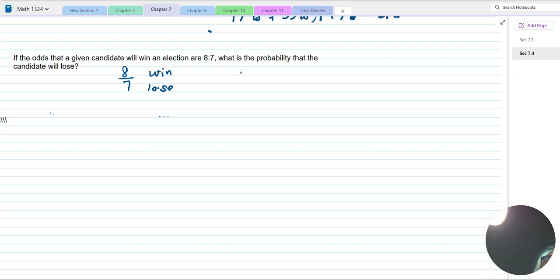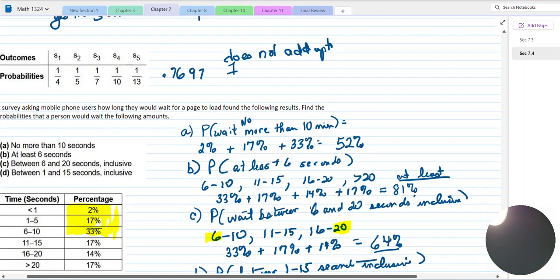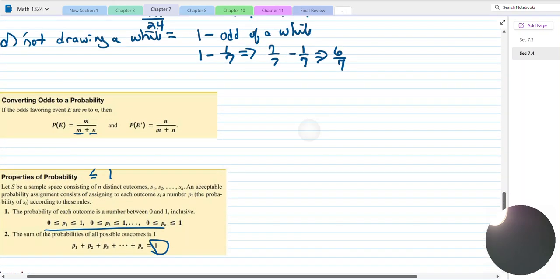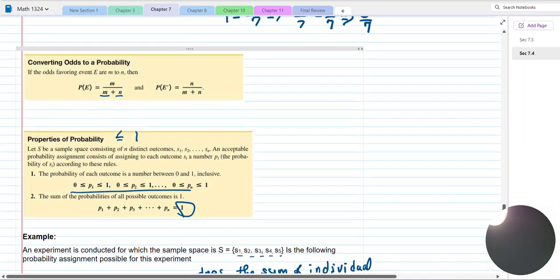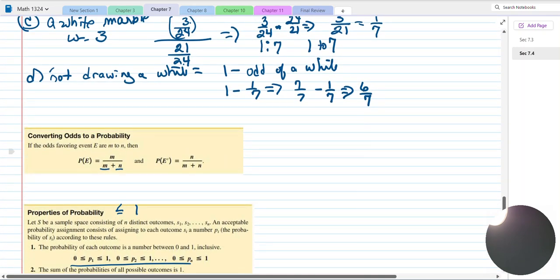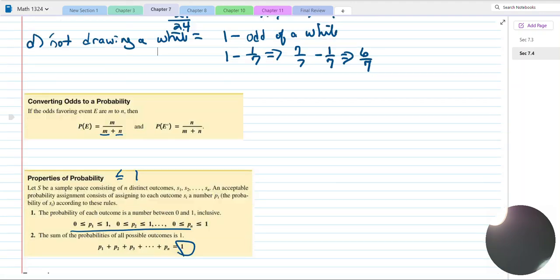If it's those numbers, then we know that it had to have been 8 over the total, 7 over the total, so that we would get the 8/7. And if you remember from our rule, because we have taken a break a little bit, we add the two numbers to get the probability, and then work out what we need.